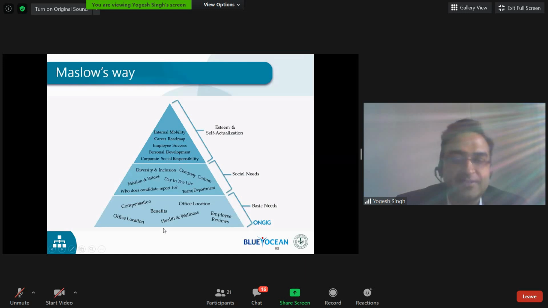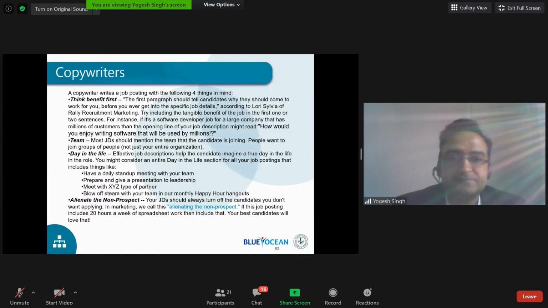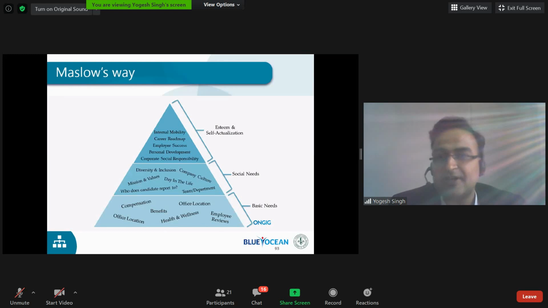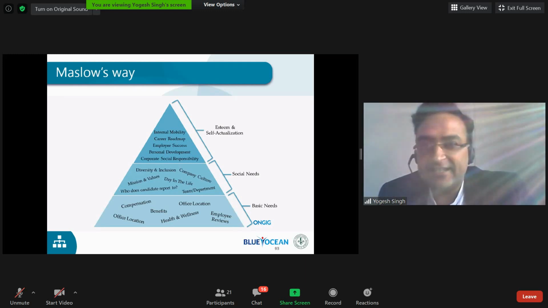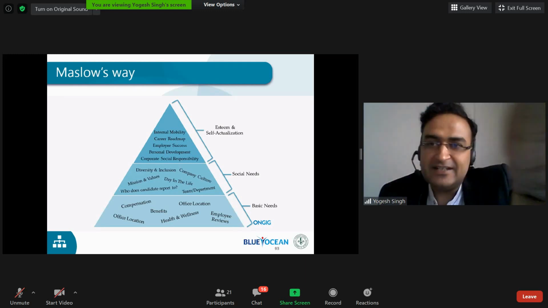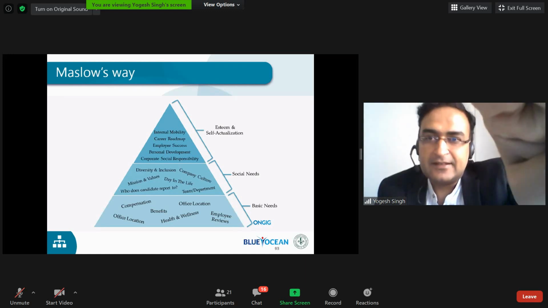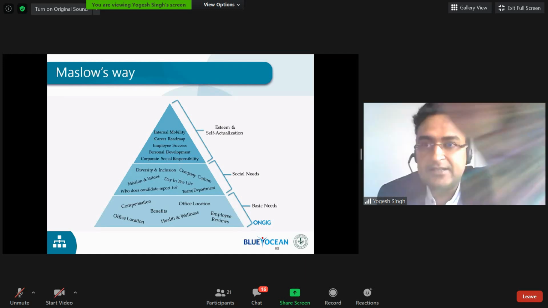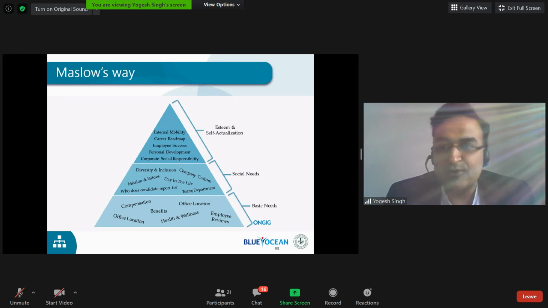Okay, let's see some more interesting ways. Try the Maslow's way. So here, how can you try? We will simply put the Maslow's hierarchy of needs in this format, where at the ground level we will think of the freshers, or we will take them as junior level positions.